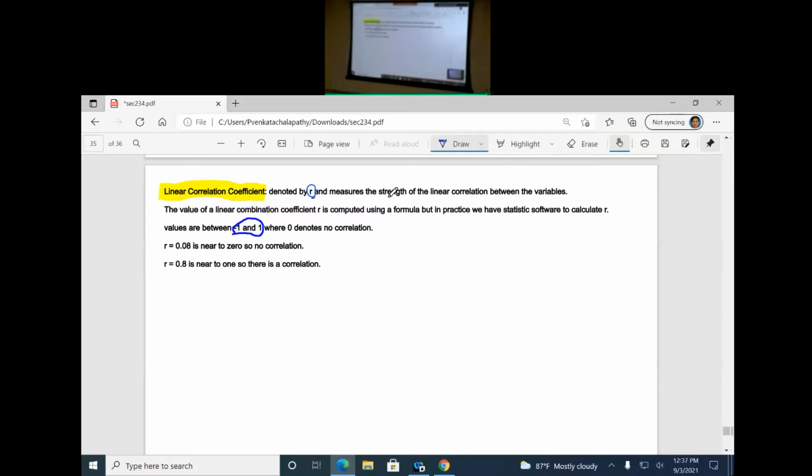It measures the strength of linear correlation between the variables. The value of the linear correlation coefficient R is most often computed using a formula, but in practice we cannot calculate it using the formula every time. That is why we have software like JMP, which automatically calculates R.